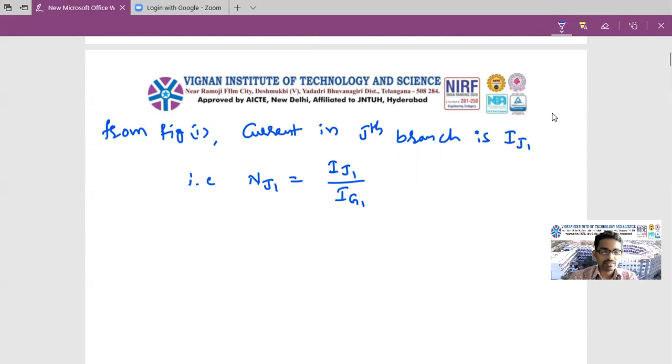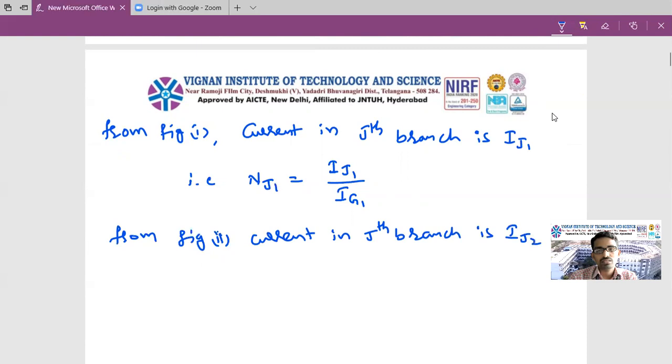Next, similarly from figure 2, if I consider the current in jth branch in figure 2, that is Ij2, because only the second generator is supplying.